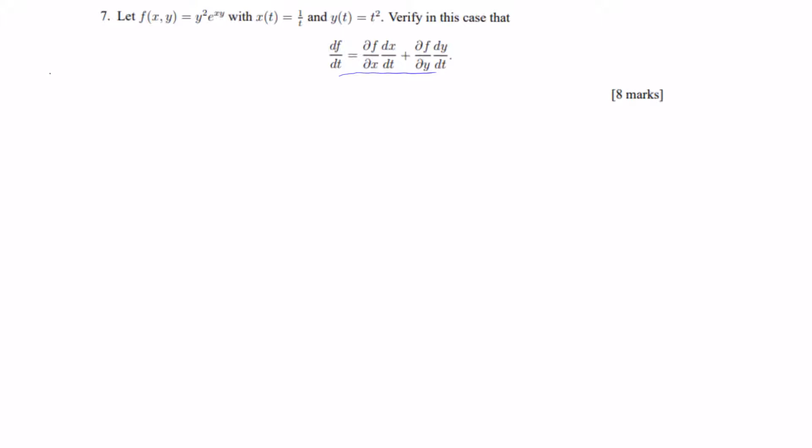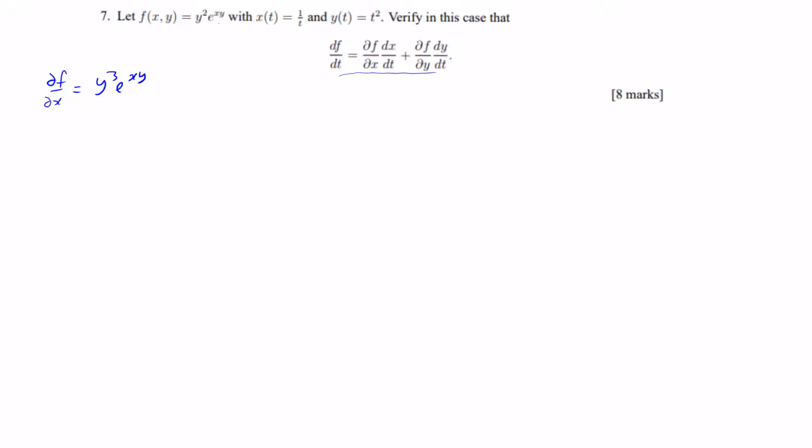So we'll take the partial derivative of f with respect to x, which we can work out as y cubed e to the xy. So same as f, except we've had to bring down the coefficient of x, which is y, hence why it's y cubed.